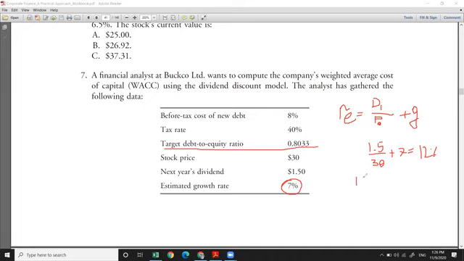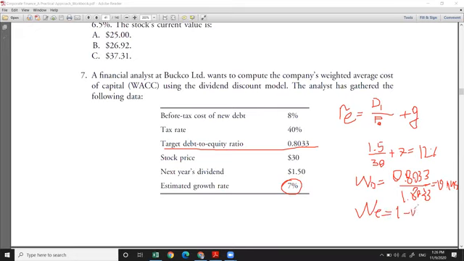And we know how to find the proportion of debt: debt equity ratio divided by 1 plus debt equity ratio, which is 0.8033 divided by 1.8033. That would give you the proportion of the debt, 0.445.